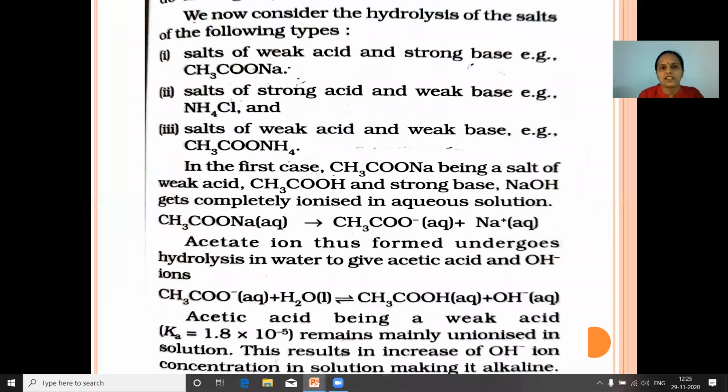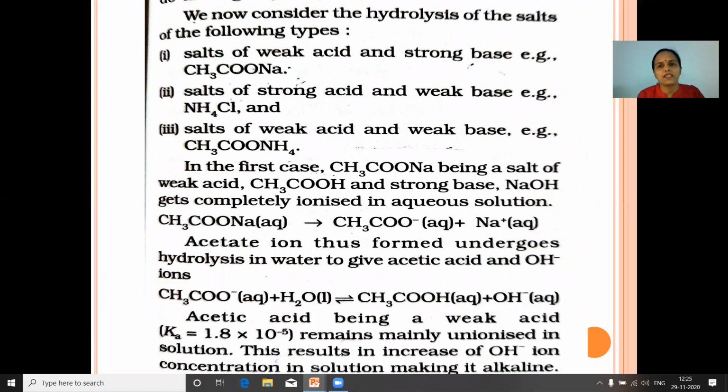Let's see the other category of salts. The hydrolysis of these salts is of 3 types. Salts of weak acid and strong base, example CH3COONa. This results in a pH greater than 7 because it forms a basic solution.